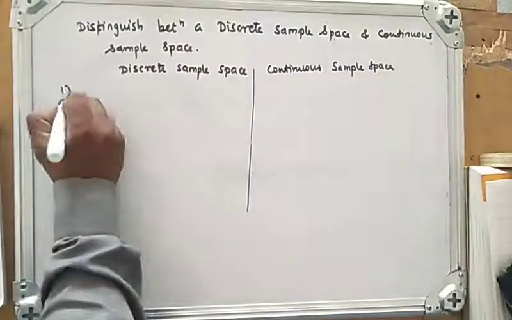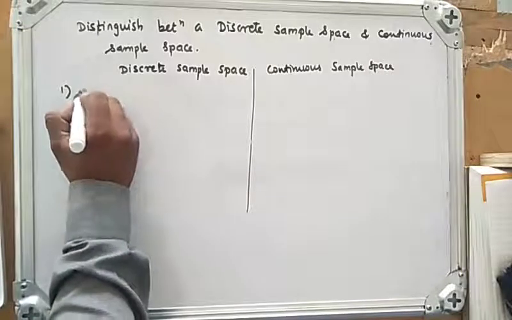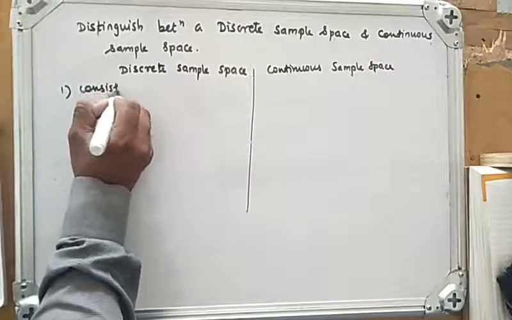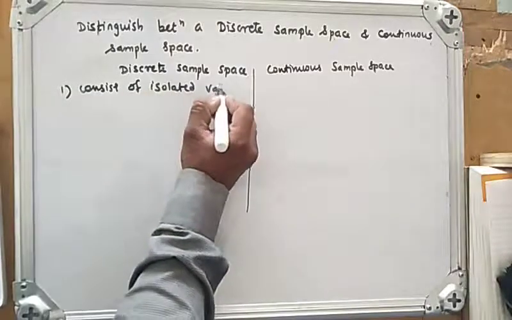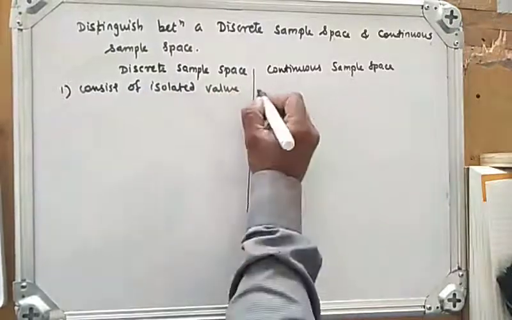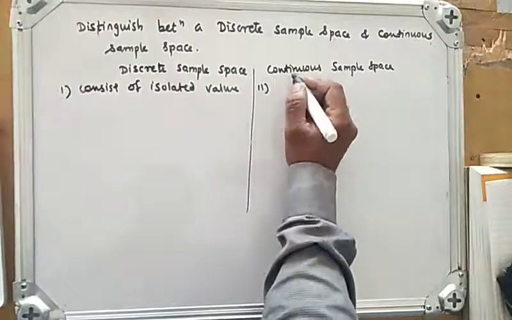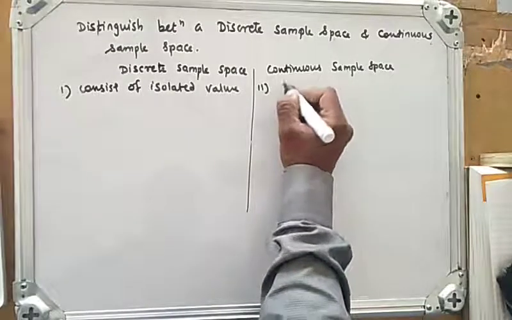First point: a discrete sample space consists of isolated values, and a continuous sample space consists of some intervals on the real line.